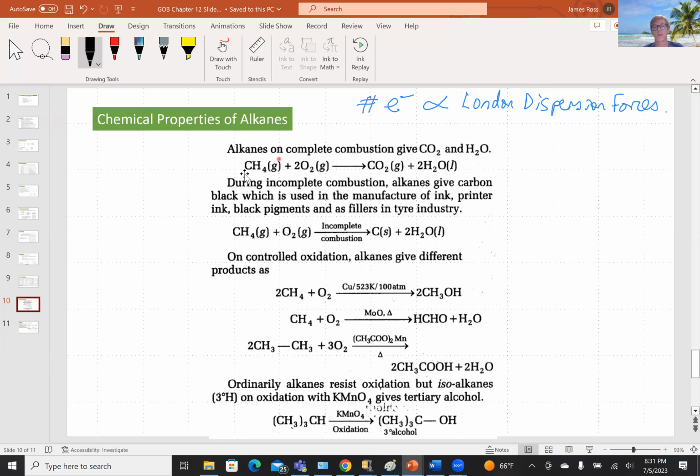We burn them at home. So this first equation here, methane gas plus oxygen gives carbon dioxide and water. That's the blue gas in your gas range at home or in your hot water boiler at home. Again, we just set fire to it. It's a low value product. That's if we have complete combustion. If we have incomplete combustion, we can generate carbon soot.